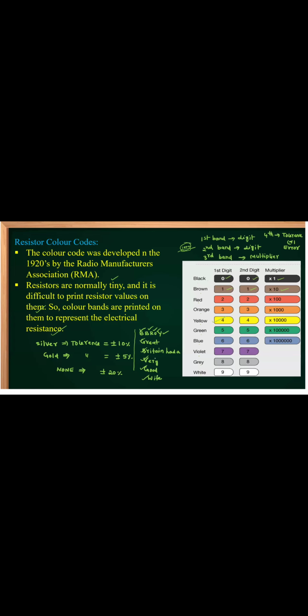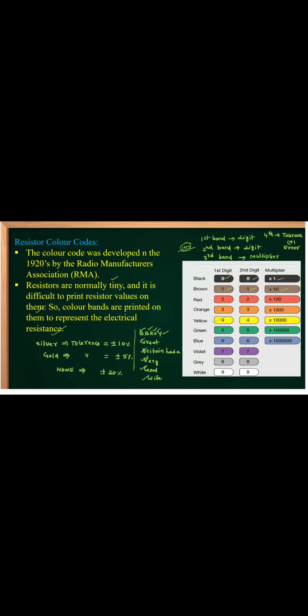Yellow is 4, B.B. Roy. Next, what is the color? This is violet. The second one is also a digit. What is the number for violet? 7. Violet is 7.